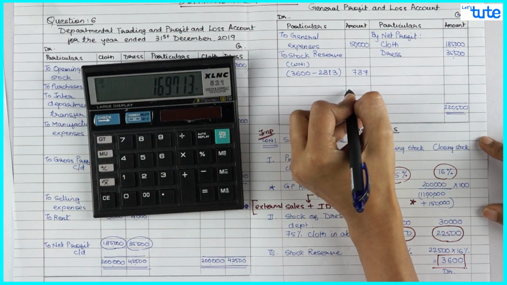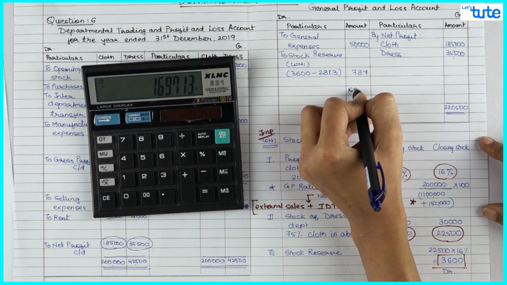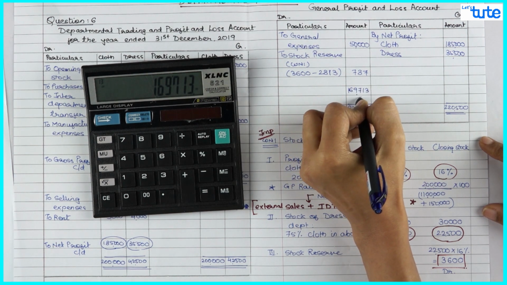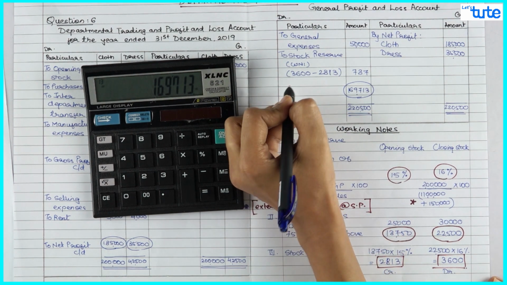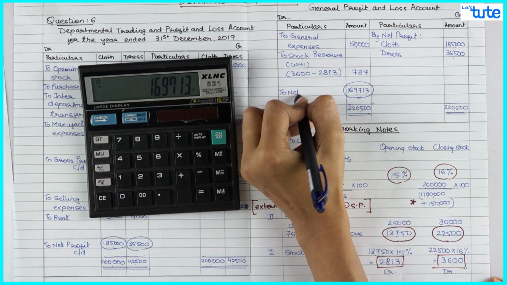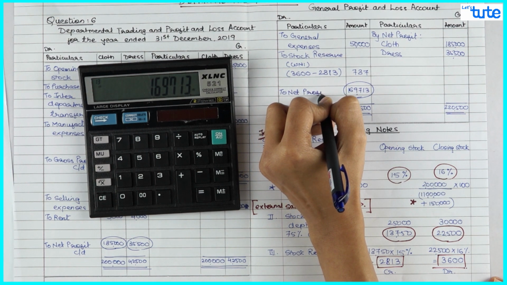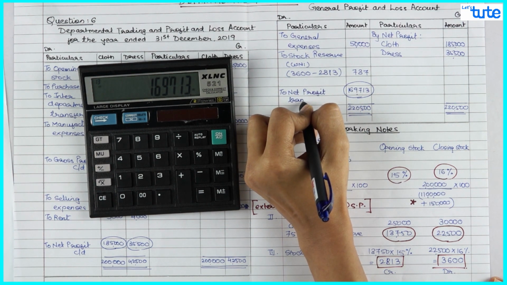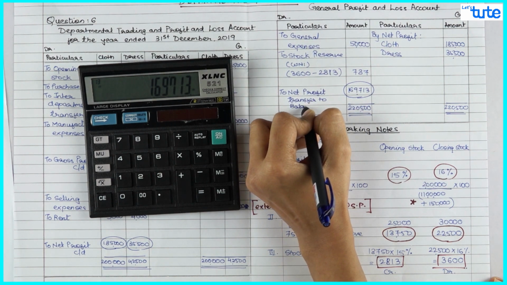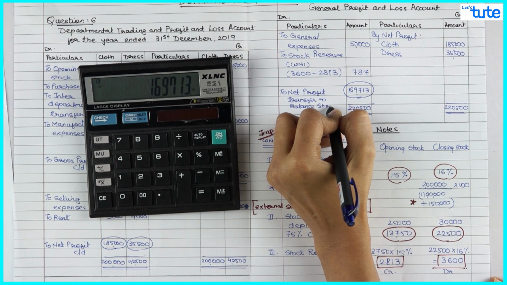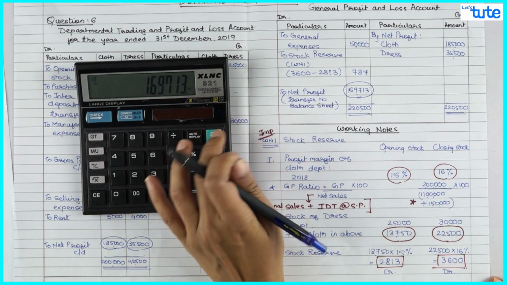So that comes to 1,69,713. So 1,69,713 is your net profit transfer to balance sheet. So to net profit transfer to balance sheet, or you can simply write as net profit carried down.